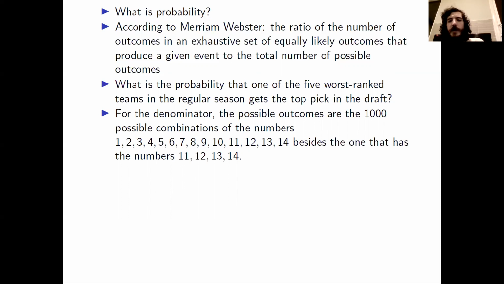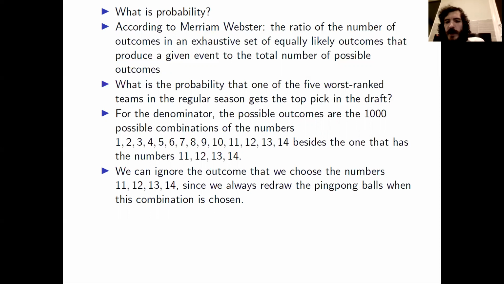For the denominator, the possible outcomes are the 1,000 possible combinations of the numbers 1, 2, 3 up to 14, except for the one that has the numbers 11, 12, 13, 14. Note that all of these combinations are equally likely.